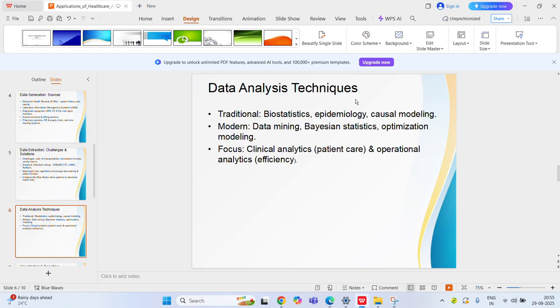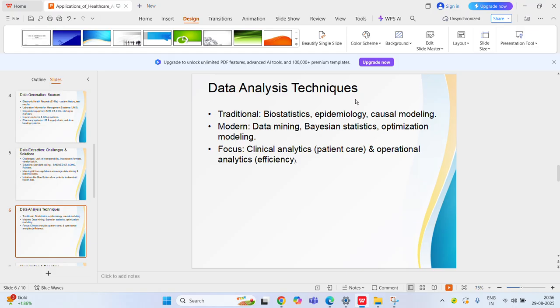Well-established techniques such as biostatistics and epidemiologic analytics, Monte Carlo and discrete event simulation, and causal modeling are being joined by methods previously uncommon in healthcare. These newer methods include data mining, Bayesian statistics, optimization modeling, social network analytics, and agent-based simulation, just to name a few.